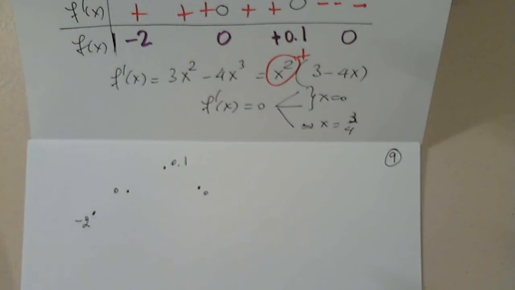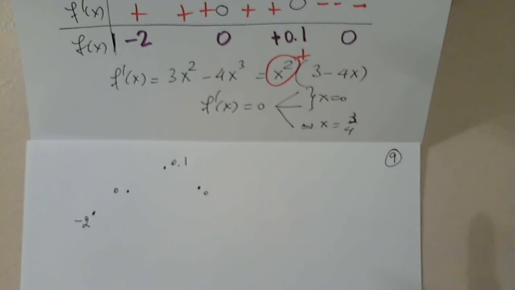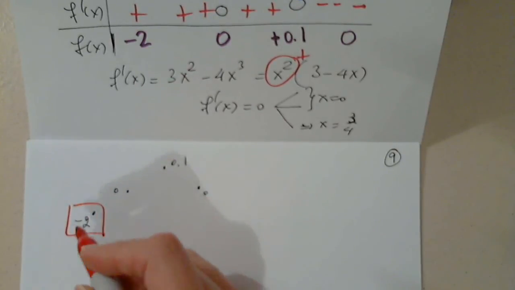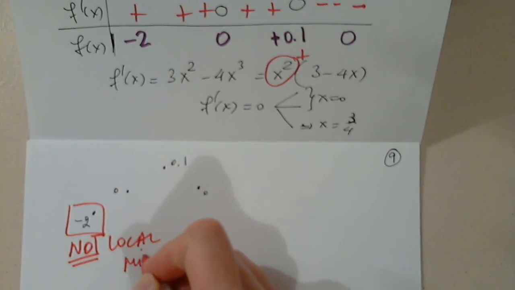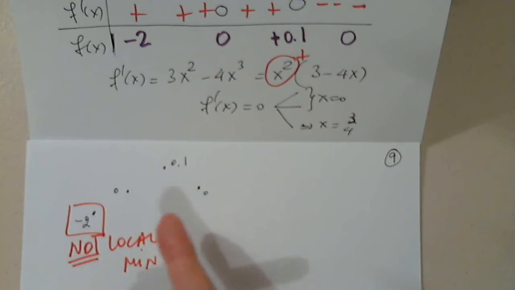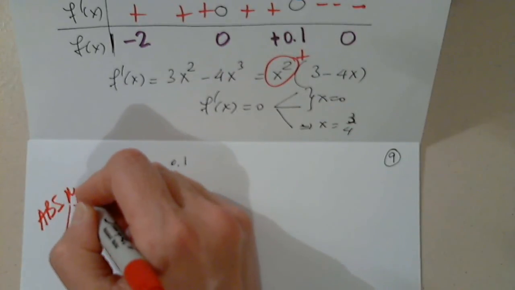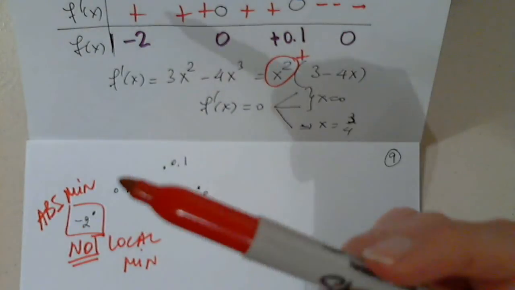I'm just presenting the points so I know which one is the maximum, which one is the minimum. This is at the end point of the interval. It cannot be local min. No end point can be a local min. So this is only the absolute min, the smallest possible value that the function has.